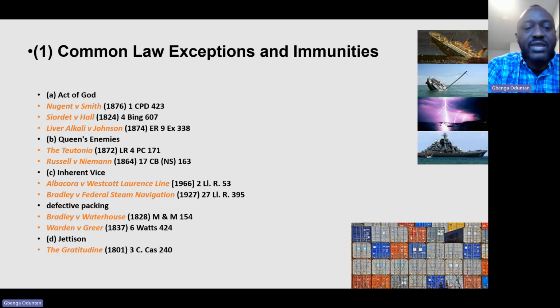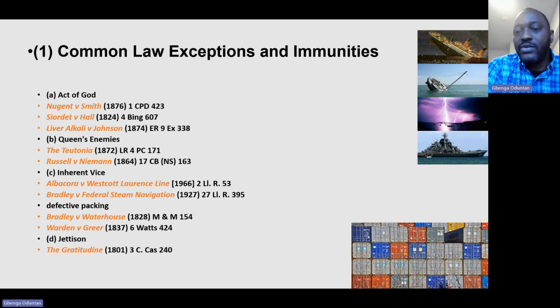An inherent vice includes the example I gave earlier on, the Albacora and Westcott, where it was inexplicable. Nobody knows how this happened. This is not the fault of any particular person. A freak incident, an unusual development of bacterial action, for instance, especially as in the Albacora case. Yes, that could be an exception.